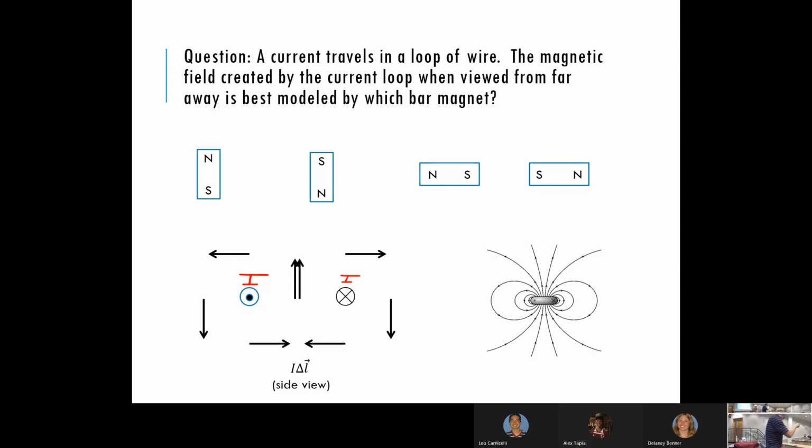This should also give you an idea of why it's impossible to separate the North Pole from the South Pole. Right? You have a tiny current carrying loop that generates a magnetic field that looks, you've got that figure. Well, how do you cut that in half? I mean, I don't even know what it would mean to cut that in half or to try to separate. Right? It's one piece. You can't separate it out. I don't know if that makes sense or not.